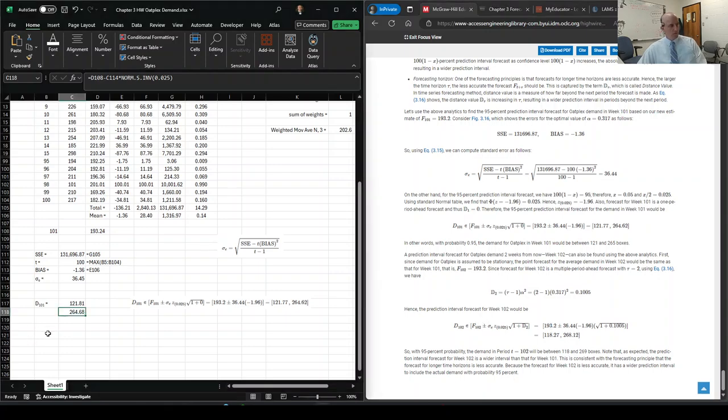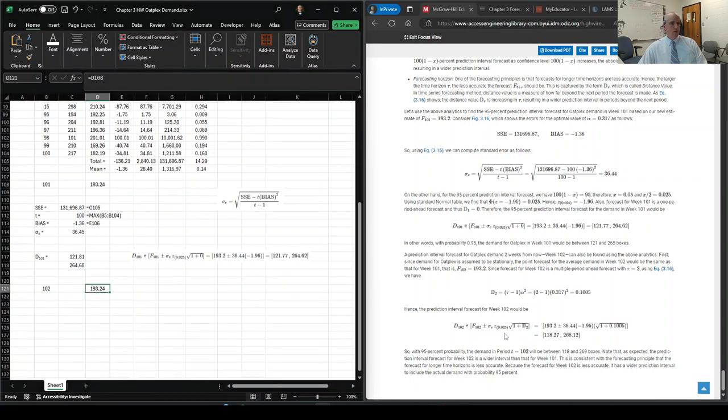So let's walk through this maybe just briefly. Here's week 102. We know that because it's a stationary demand, the point forecast is going to be the same. Now that we have the point forecast, the question is, how do we go from a point forecast of 193.2 to get an interval forecast for week 2?